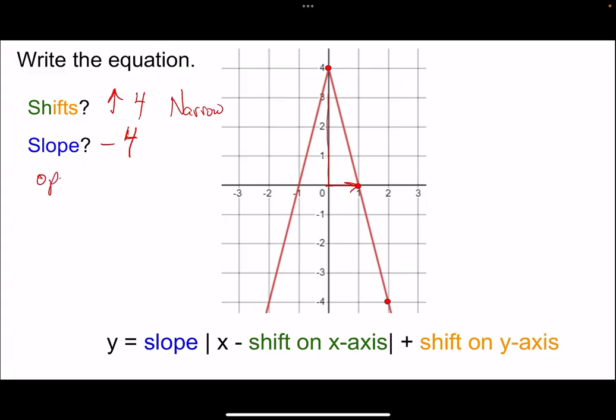So we'll write that down. Opens down. All right, so y is equal to the slope, absolute value of x. Well, it didn't move, so x is just going to be x. And then the y value is plus 4. That's how you do the equations from the graph.